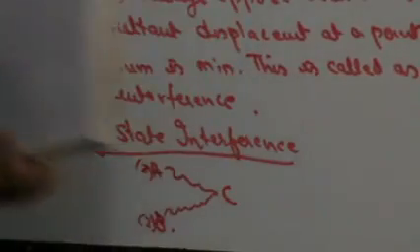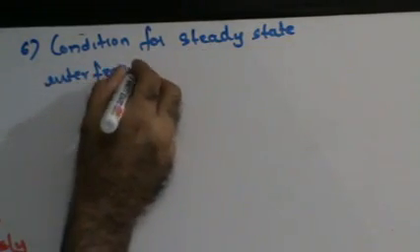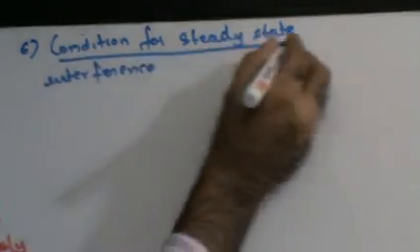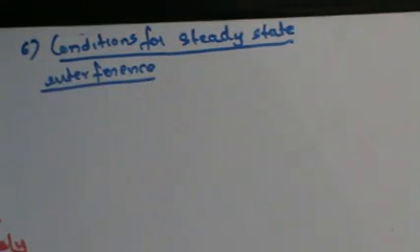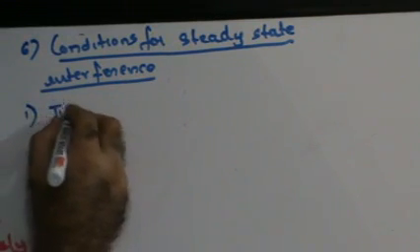Let's see what are the conditions required for steady state interference. First, the two sources of light should be coherent.